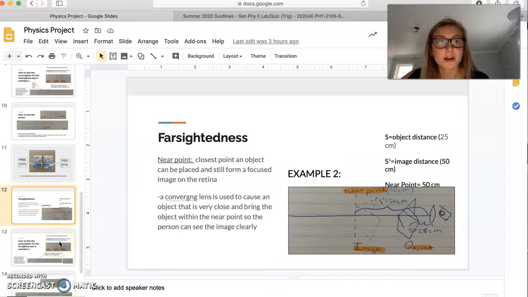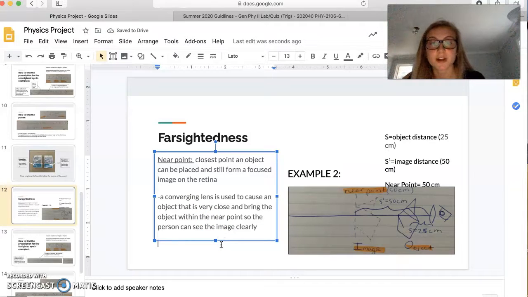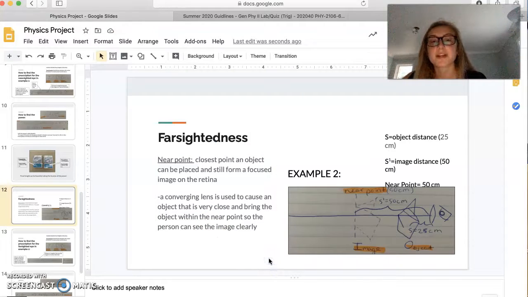So then for a far-sighted person, you have to find the near point, which is the closest point an object can be placed and still form a focused image on the retina. Sorry, another spelling error. A converging lens is used to cause an object that is very close, and it brings the object within the near point so the person can see the image clearly.